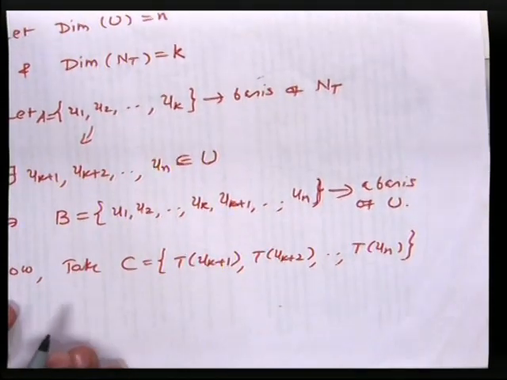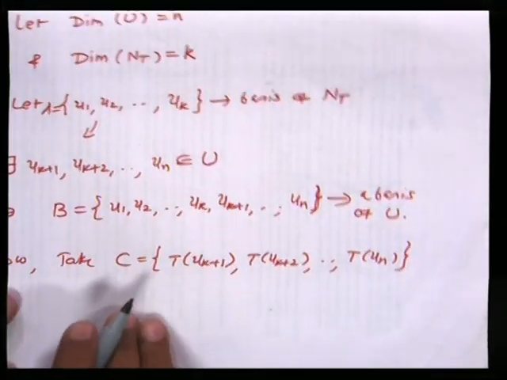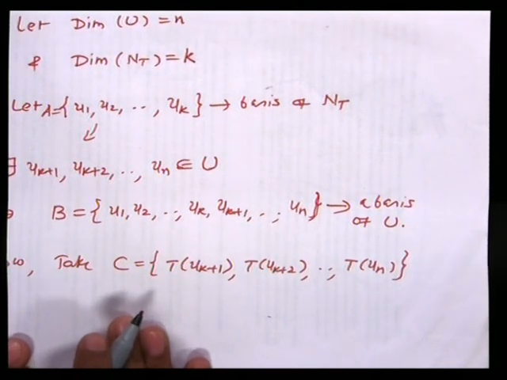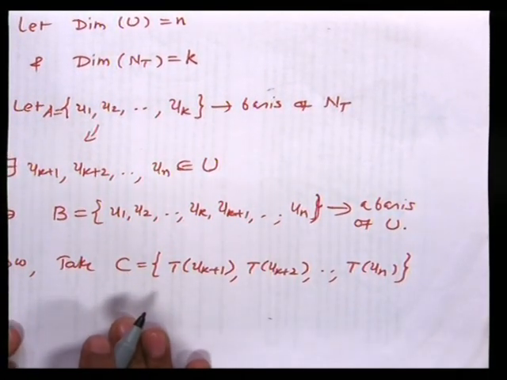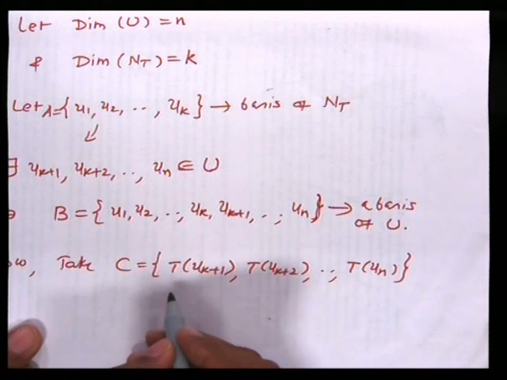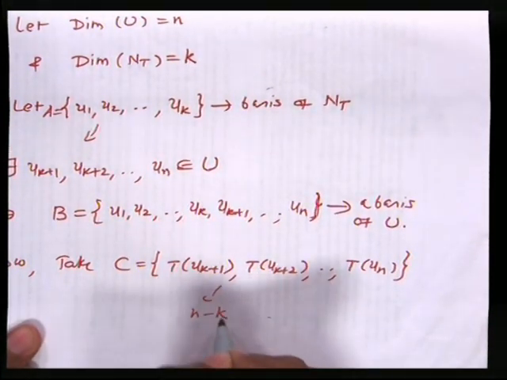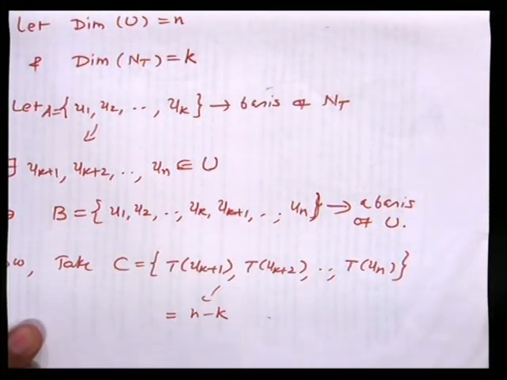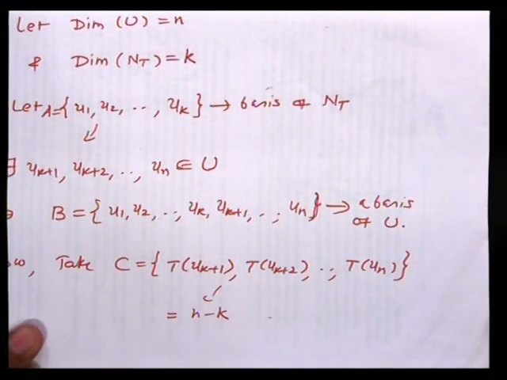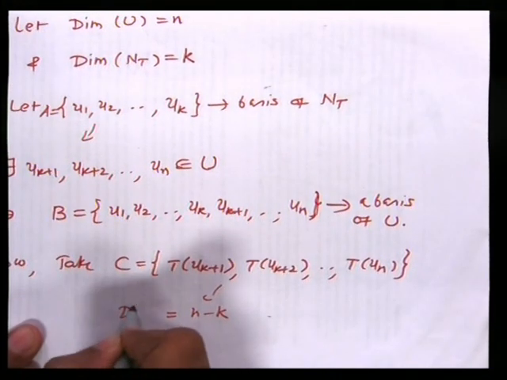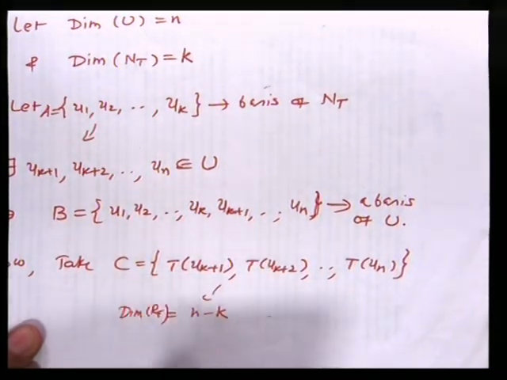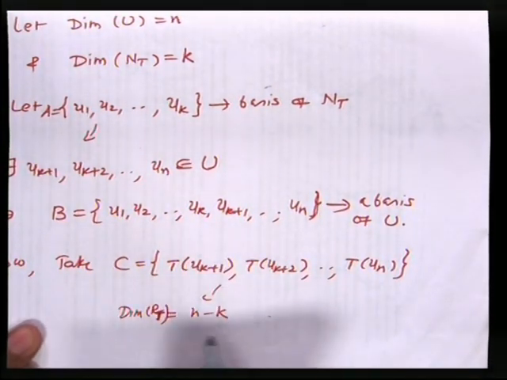If I show that the set C is a basis of the range space R(T), then obviously this set C contains total n minus k vectors, and the dimension of R(T) becomes n minus k.